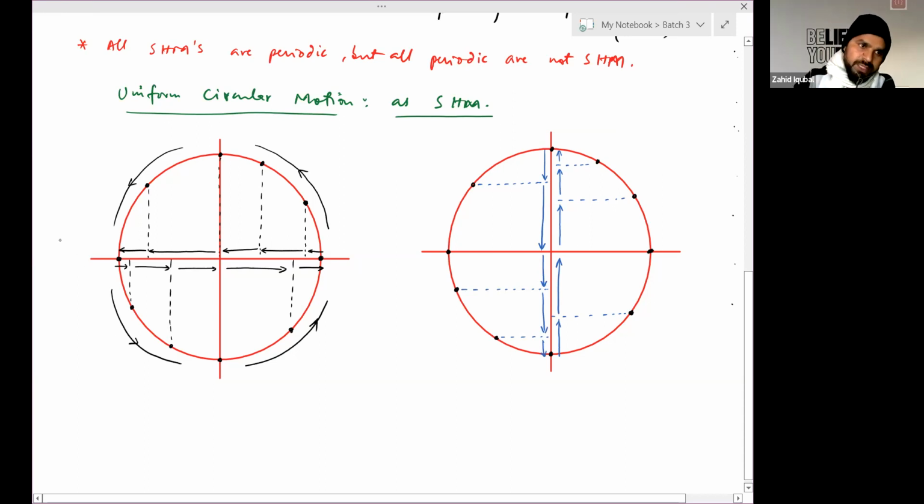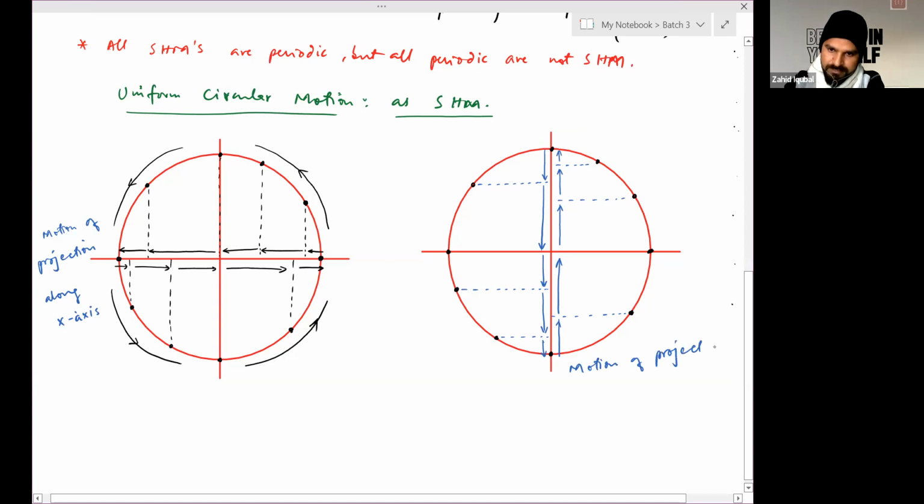So in first part, we can say motion of projection along x-axis. In second part, it is motion of projection along y-axis.